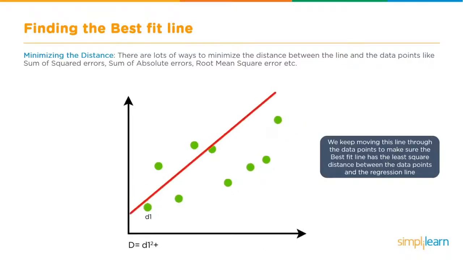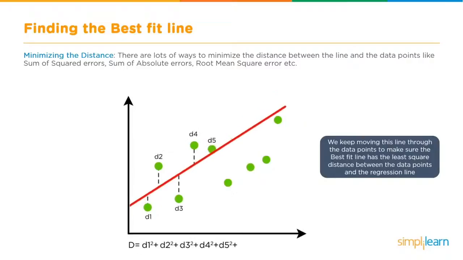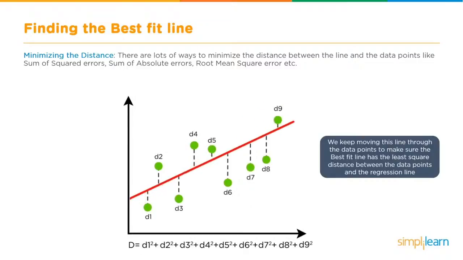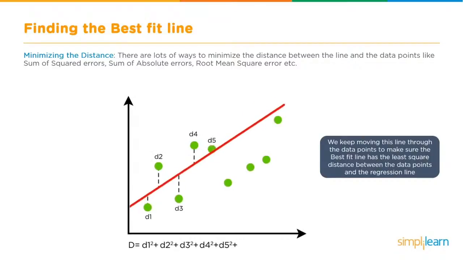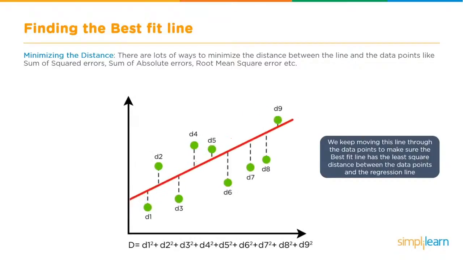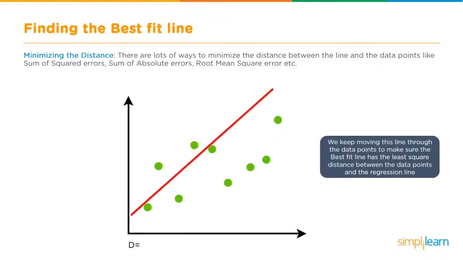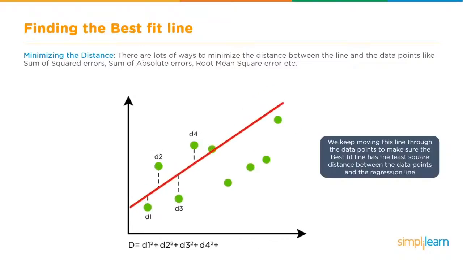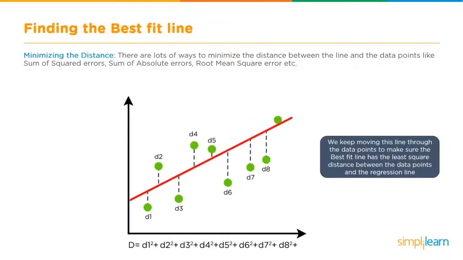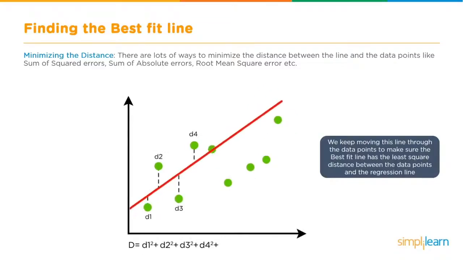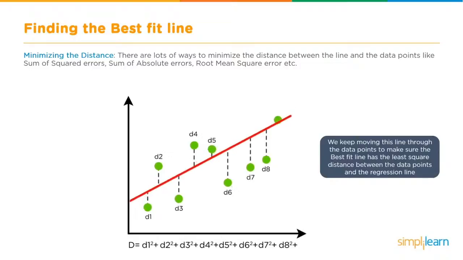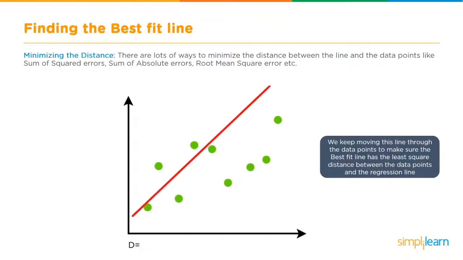Now, we only looked at the most commonly used formula for minimizing the distance. There are lots of ways to minimize the distance between the line and the data points, like sum of squared errors, sum of absolute errors, root mean square error, etc. What you want to take away from this is that whatever formula is being used, you can easily, using computer programming and iterating through the data, calculate the different parts of it.